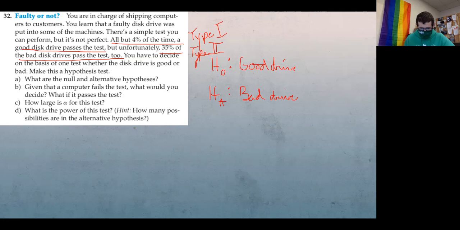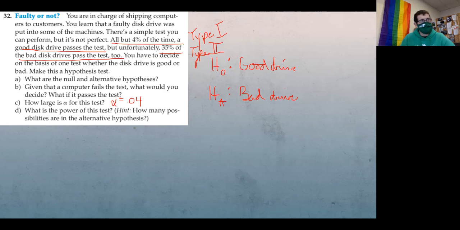How large is the alpha for this test? 0.04, because your alpha is the same as your probability of a type 1 error. Okay. What's the power of this test? Here we're going to say the bad drive is actually bad.